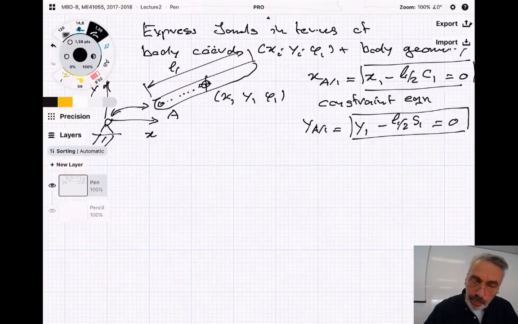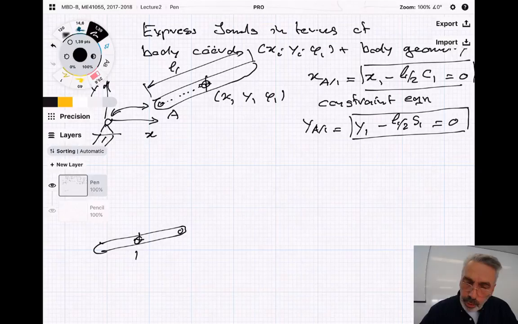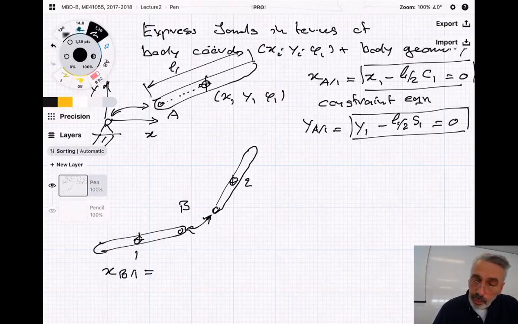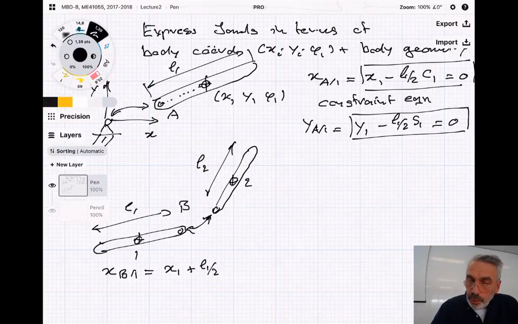Now we move on to joint B. So we had body 1 here, and that is B. And then we have here body 2. And now this should be together, right? Or in other words, if we calculate the position of point B starting from body 1, being x1, this is L1, it's L2, plus L1 over 2 cosine phi 1.